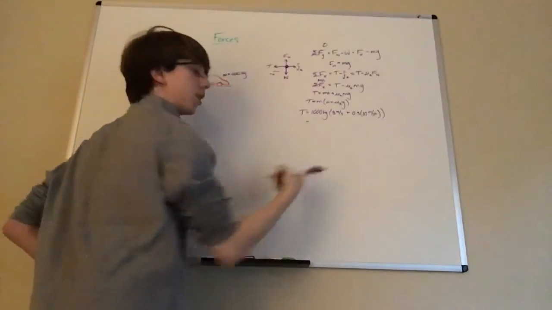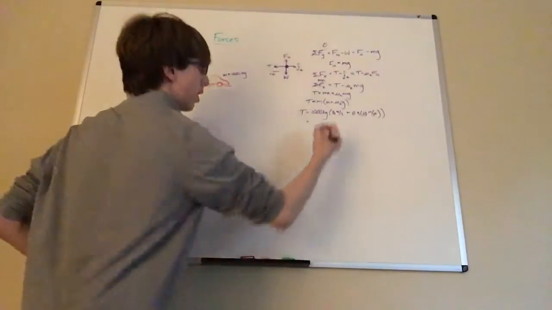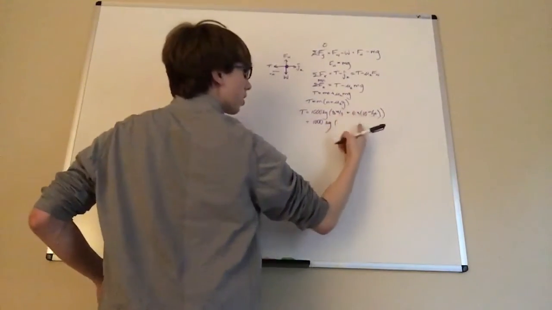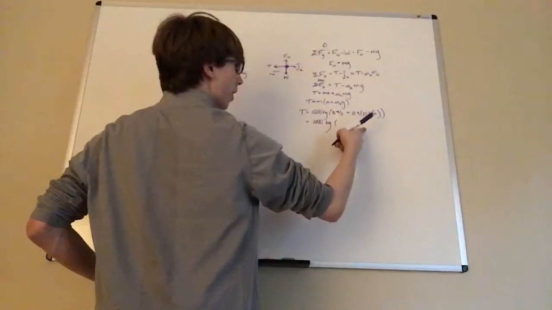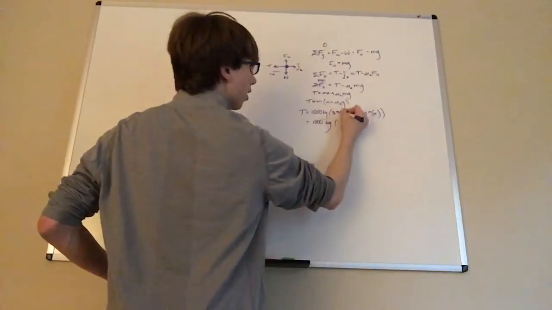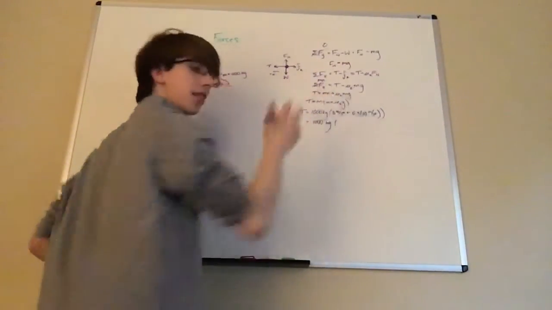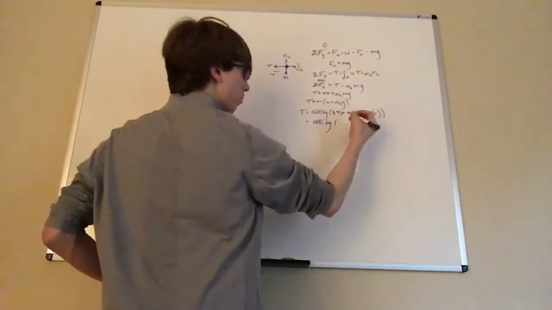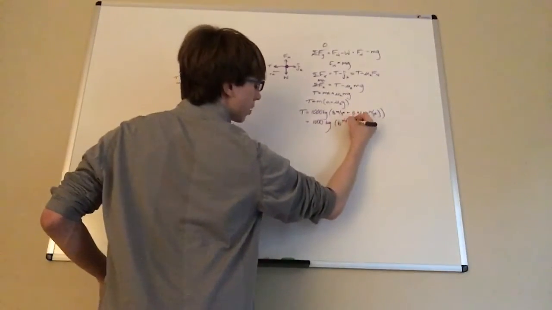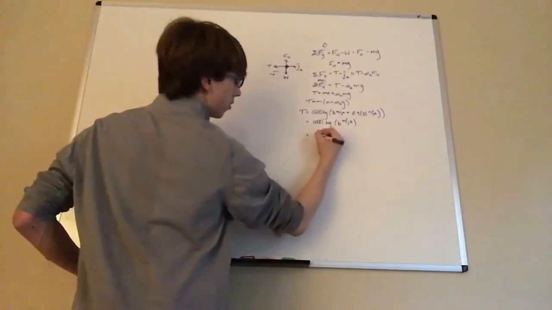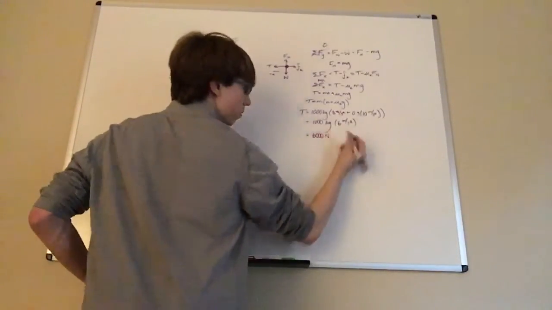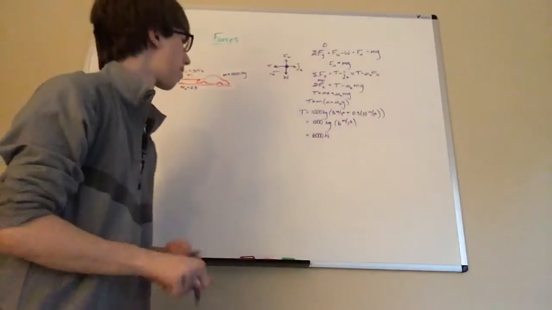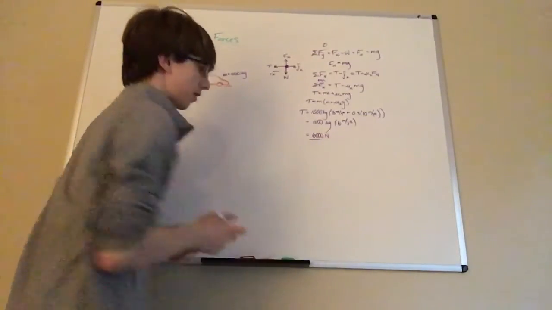Now we just solve: 3 meters per second squared plus 0.3 times 10 is 3, so that's 6 meters per second squared, times 1,000 kilograms is equal to 6,000 newtons, since a newton is a kilogram meter per second squared. So our tension force is 6,000 newtons.